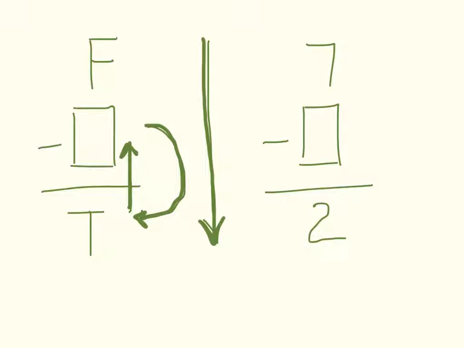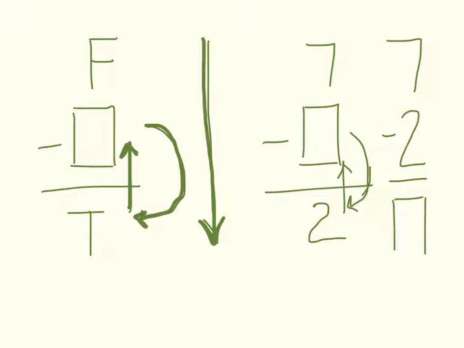Well, I'm going to flip here and here, so I end up with 7 minus 2 equals my unknown number. And then it's just a straight subtraction problem. So if you're missing your second, you flip and then subtract.